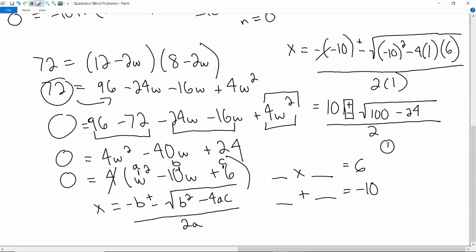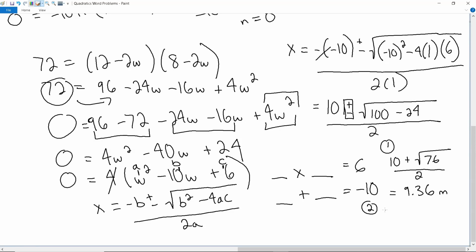So for our first zero, we're going to do 10 plus the square root of 100 minus 24, which should be 76, over 2. And if we plug that into our calculators, we should get 9.36 meters.